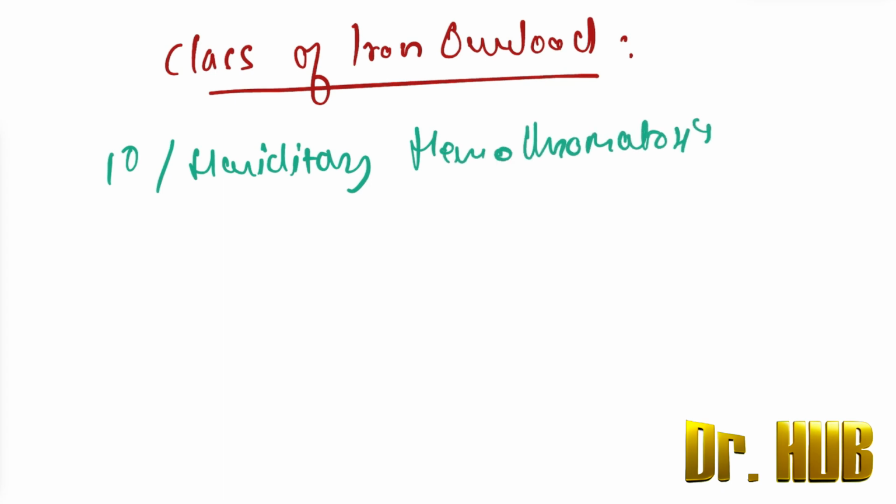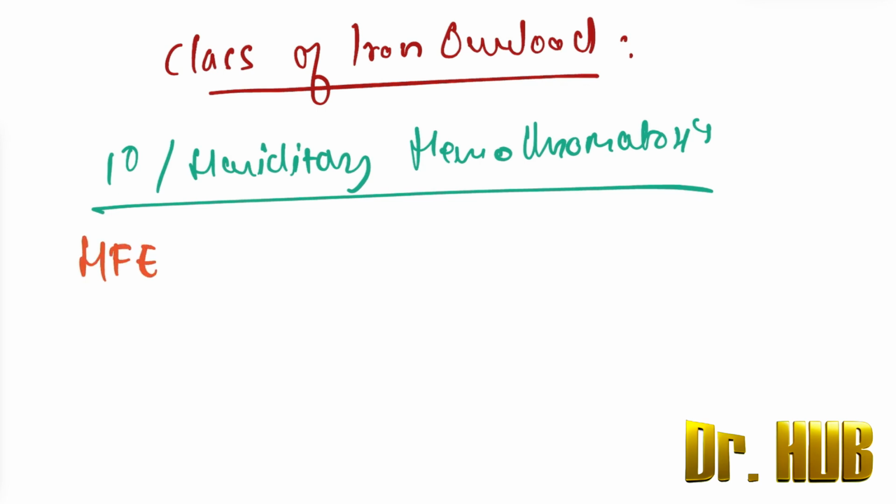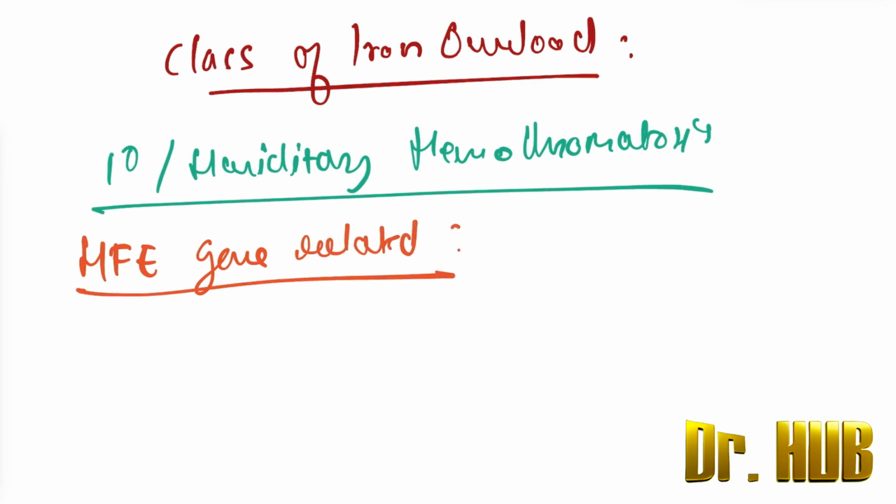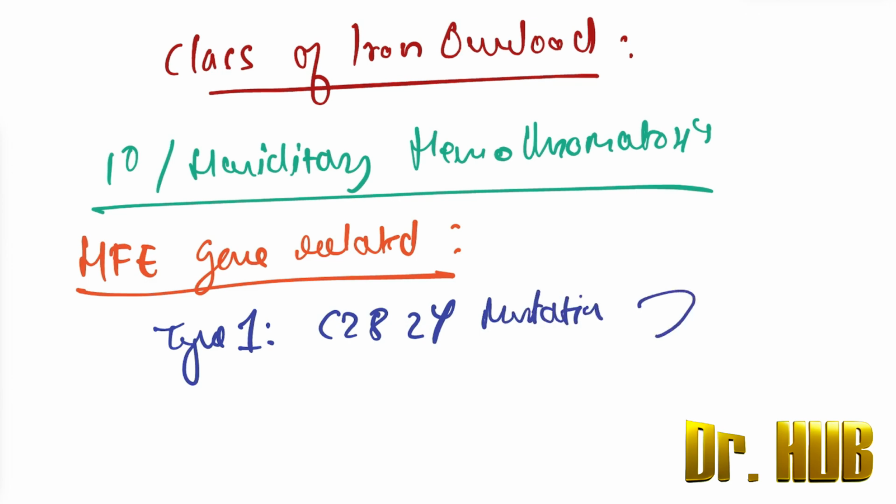Under this we look at the HFE gene related, which includes type 1, and this is the C282Y mutations of the genes encoding the HFE.